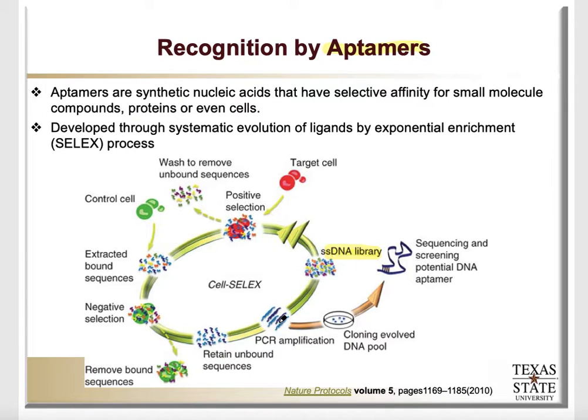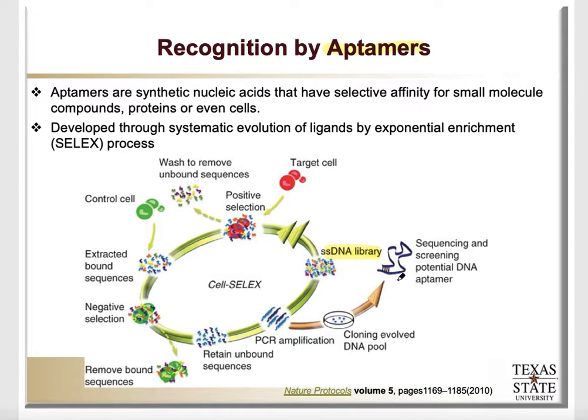And at that point, what you can do is actually sequence, figure out what the sequence is, and that's a process known as sequencing, to know what the letter sequence of A, T, G, C, whatever, is. And then you can do further characterization to learn more about the affinity and the sensitivity of that aptamer for your target.